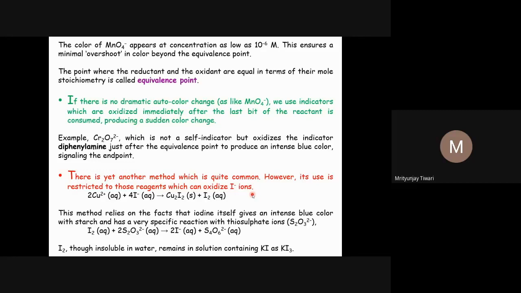Starch is a food reservoir for plants. Plants reserve food for their survival in the form of starch. Animals usually do this in the form of glycogen.